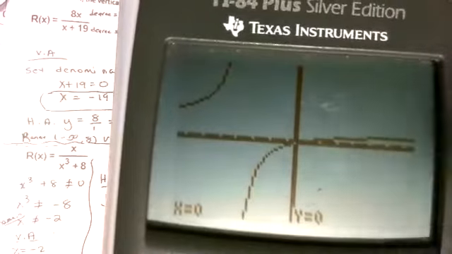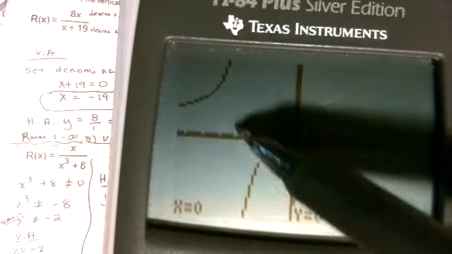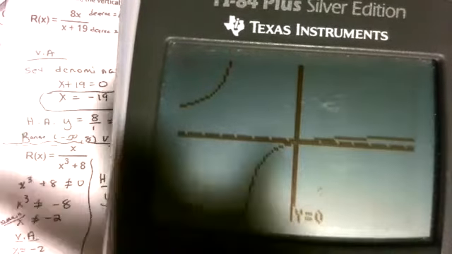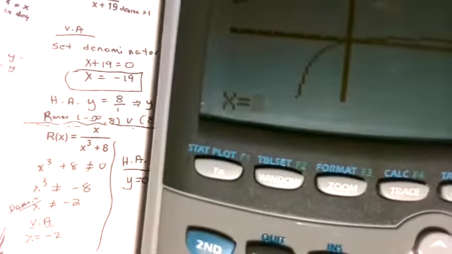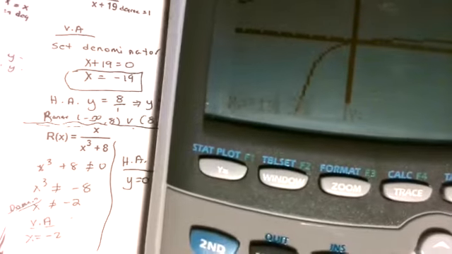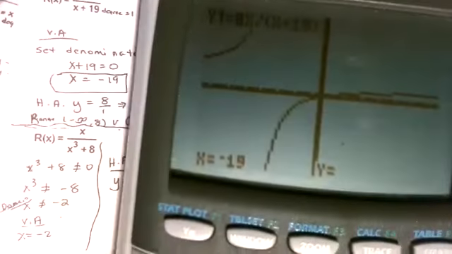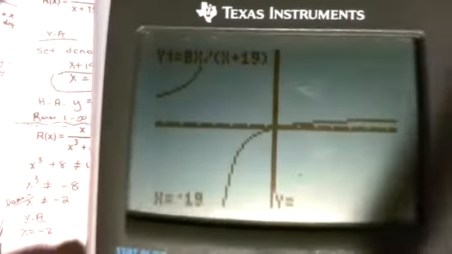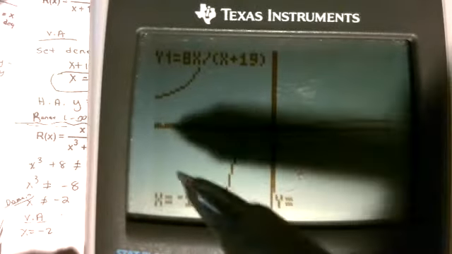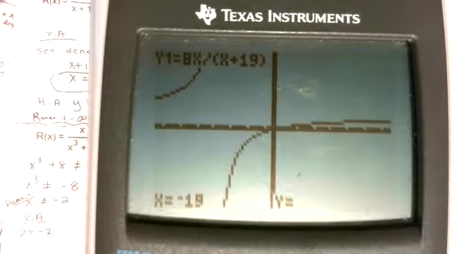So we see that it has a vertical asymptote, and you can always check these things. We said it should be at x equals negative 19. So if you do second function calc and you enter a negative 19, do we get, yes, we don't get a value for y, so it's undefined there. So we see that that is a vertical asymptote.